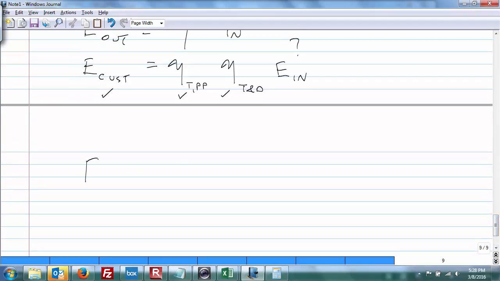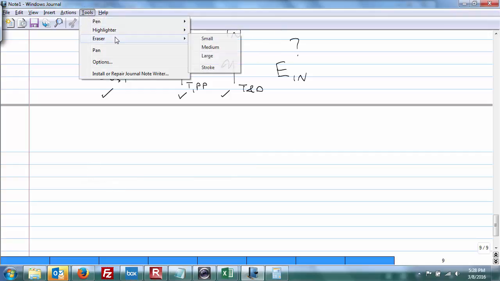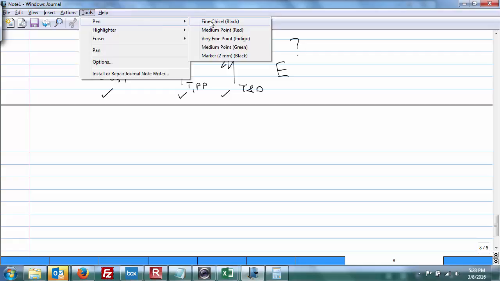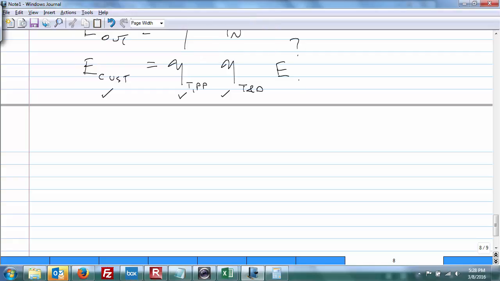So energy in equals, or sorry, let's go back a little bit. Tools, pen, energy, power plant, right?